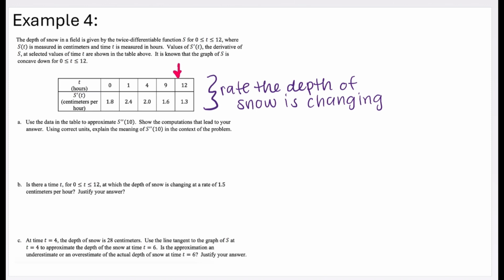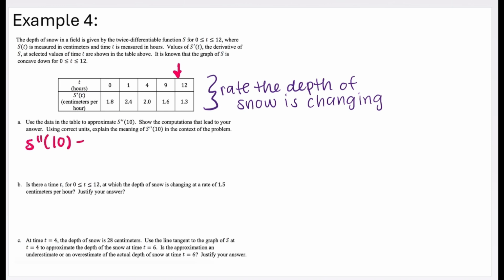Just like in unit 2, we used the table of an original function to approximate the derivative or the slope of a tangent line at a particular point. So we're doing the same thing here. We're just finding the second derivative because what's in the table is the first derivative. So I'm going to use 9 and 12, those two columns, to estimate the second derivative at 10. So I'm going to set up my difference quotient.